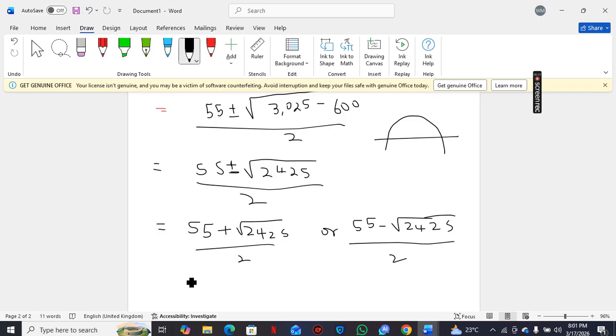Okay. So, what is the square root of 2,425? Just give me to 1 decimal place, because we're dealing with units, so you don't want too many decimal places.